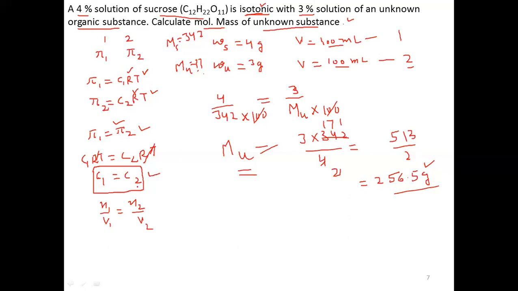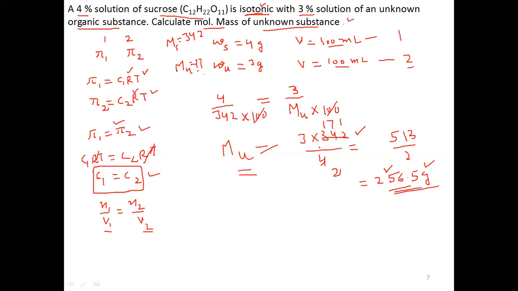Now putting the values of C1 and C2, N1 by V1 is equal to N2 by V2. Luckily V was also the same. It was 100 ml, so it gets cancelled. We have 4 by 342 is equal to 3 by mu. If we take mu on one side and all the remaining things on the other side, it gives us a value of 256.5 gram. It is the molecular mass of the unknown substance. So it was again an easy numerical.